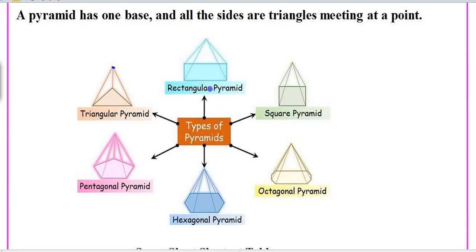Rectangular pyramid: the base is a rectangle and all the other sides are triangles meeting at a single point. In the same way, square pyramid, base is square; pentagonal pyramid, base is pentagon; hexagonal pyramid, base is hexagon; octagonal pyramid, base is octagon. Here also, we give the name depending on the base.